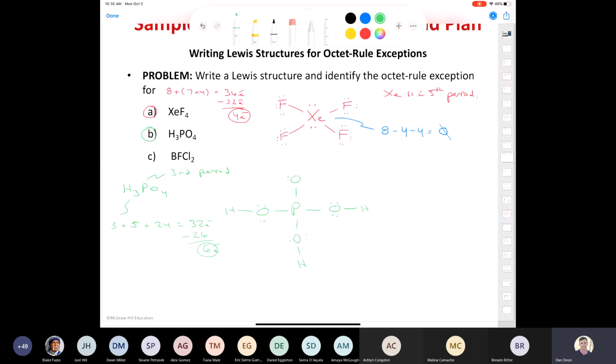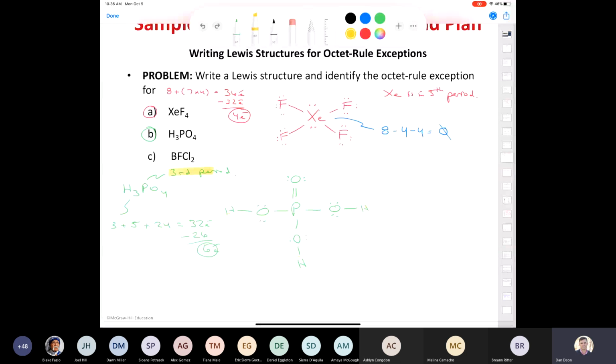Remember, the oxygen always has to have 2 bonds and 2 lone pairs if it's uncharged. If I put 2 lone pairs on this oxygen and make a double bond to the phosphorus, now I've used up all of the electrons, and all 4 of those oxygens have 2 bonds and 2 lone pairs. Yes, some of them have 2 single bonds, and one of them has a double bond, but it still represents 2 bonds and 2 lone pairs for each one of those oxygens. Each hydrogen has 1 bond, and the phosphorus has an expanded octet, right?